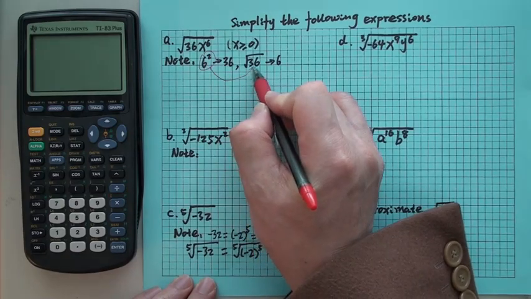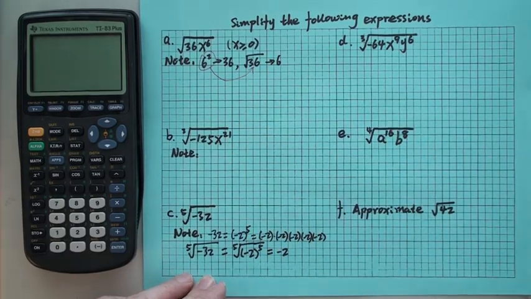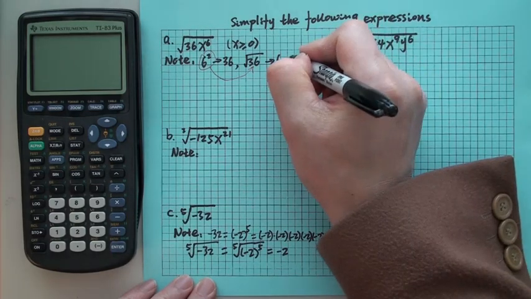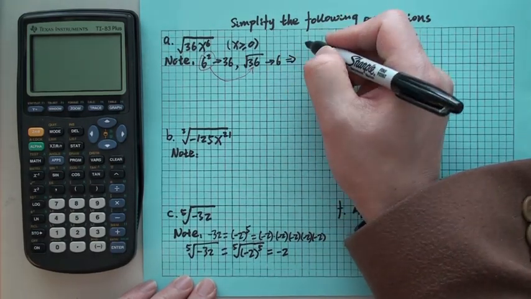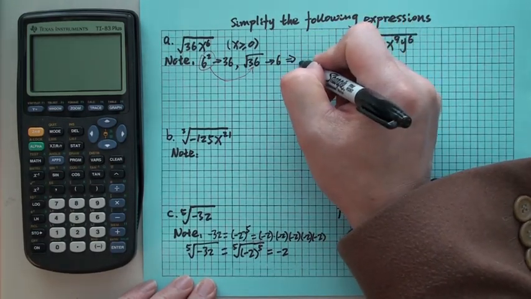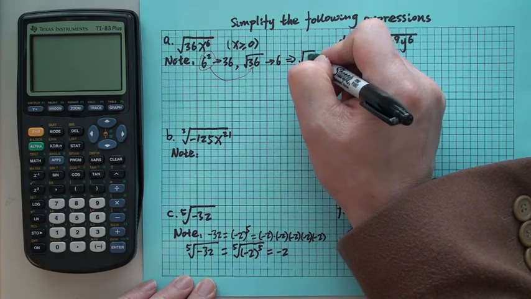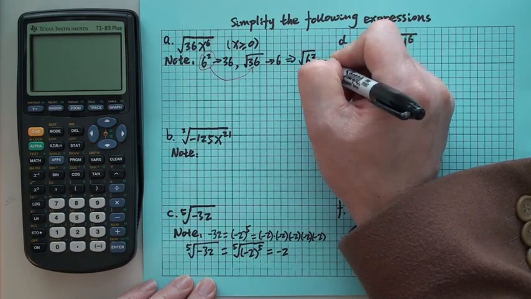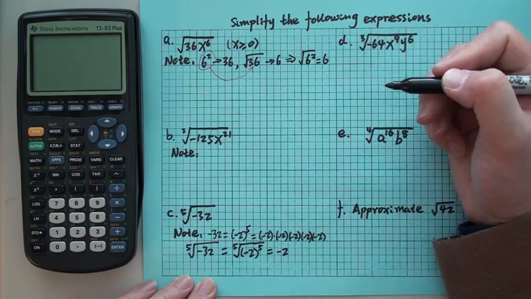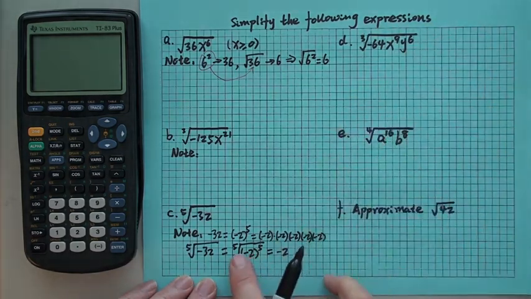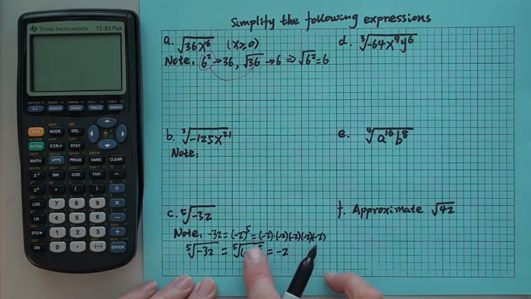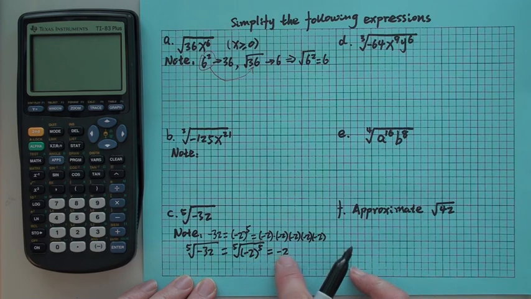If I put it back here, then the radical of 6 squared is 6. Here the reason is the same. Here is the 5th root, and here is negative 2 to the 5th, and then it goes back to the original value, negative 2.